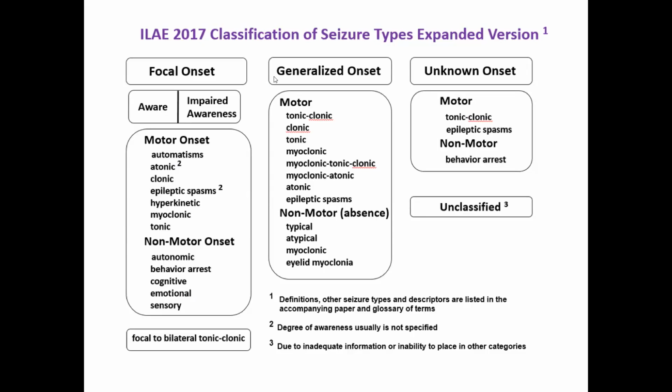Generalized onset, you have again motor and non-motor. Motor has the tonic, clonic, myoclonic, atonic ones. Non-motor has the absence seizures. Absence seizures are generally just staring, brief periods of unresponsiveness. Unknown onset can also be classified as motor and non-motor. So this slide is a must-know slide. It's very important.